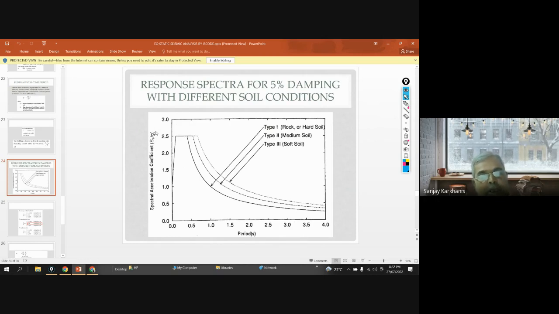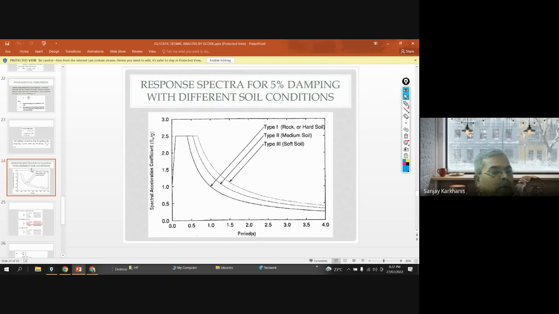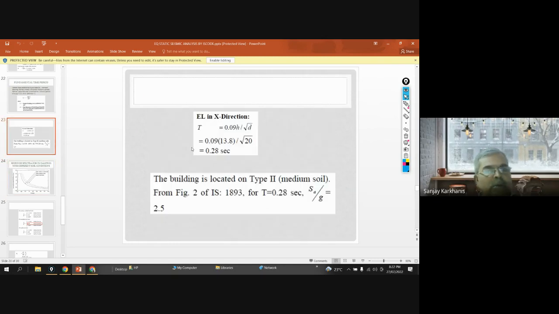Now you know why you are finding T, because you are not interested in T, you are interested in finding out Sa by g. Yes, sir. Clear? Yes, sir. So above, you have calculated T, which is 0.28.